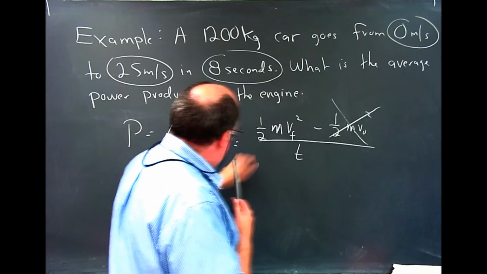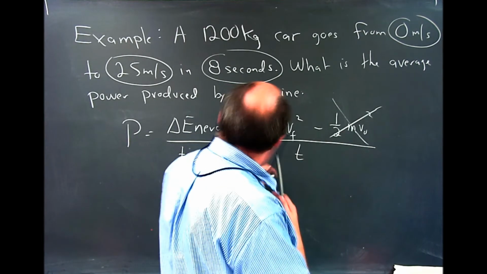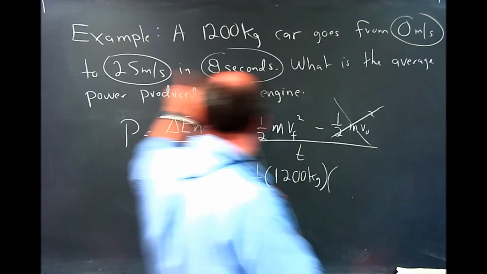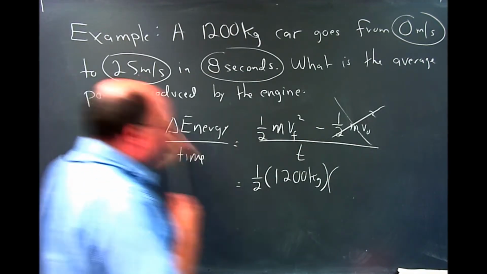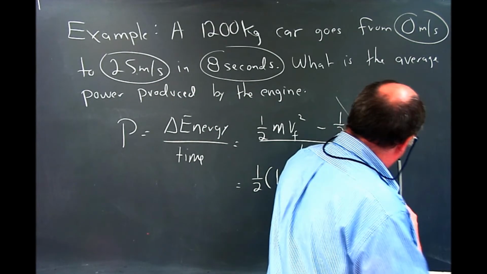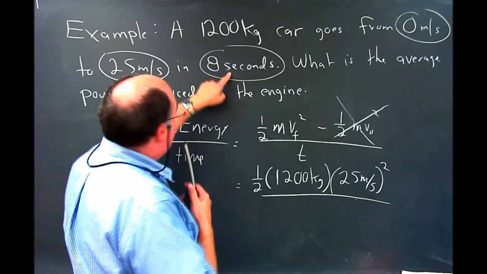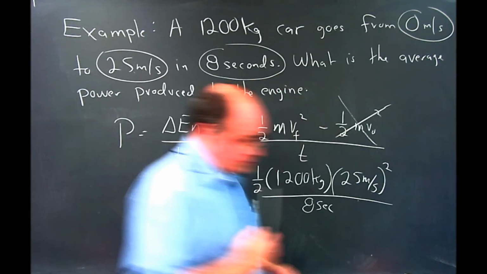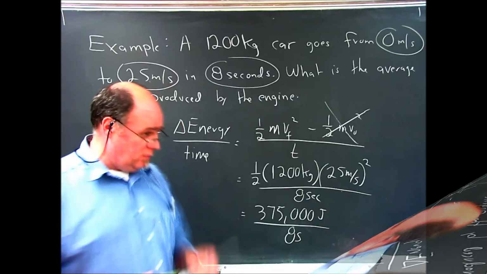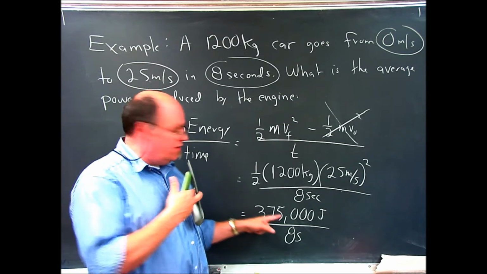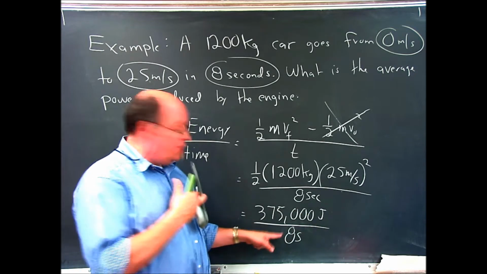And so I'm looking at 1/2 times the mass of this car, 1200 kilograms, times the final speed of this car at the end, 25 meters per second, which I have to square. I divide it by the total time involved, 8 seconds. So when I plug in those numbers, it comes out to be 375,000 joules divided by 8 seconds.